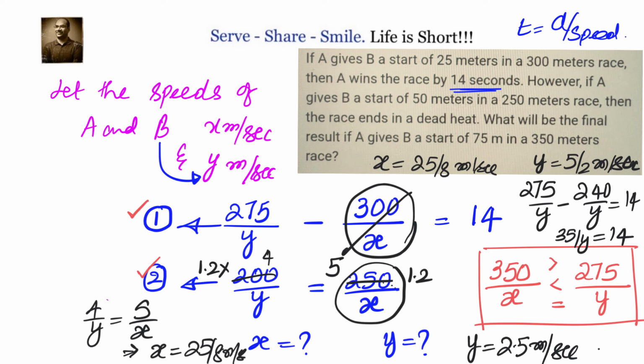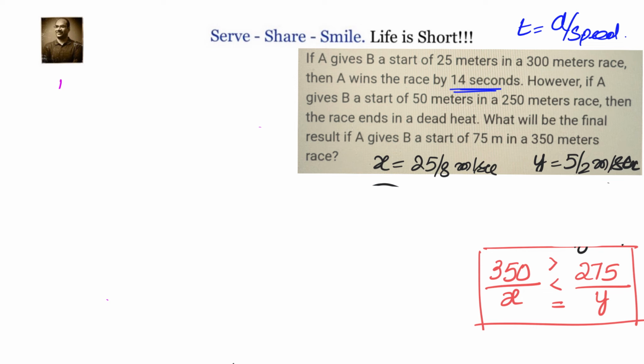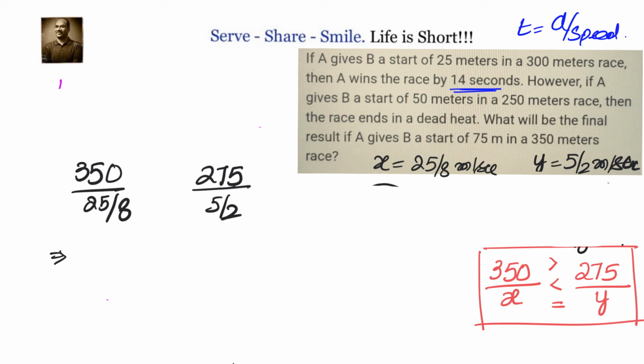Now we will check who will take less time and who will win the race by how much time. In the last race we have 350 divided by x, that is 25 by 8, and B is racing for 275 meters and his speed is 2.5 or 5 by 2. Now let us simplify that. We will have 350 into 8 by 25 here and 275 into 2 divided by 5 here.